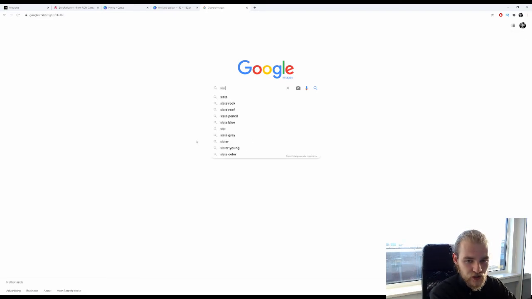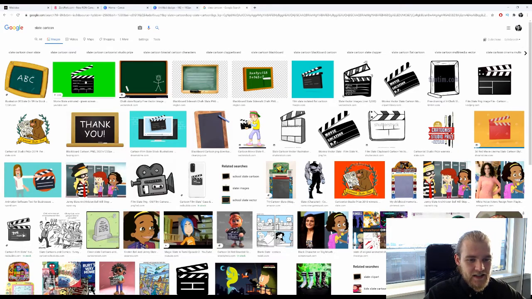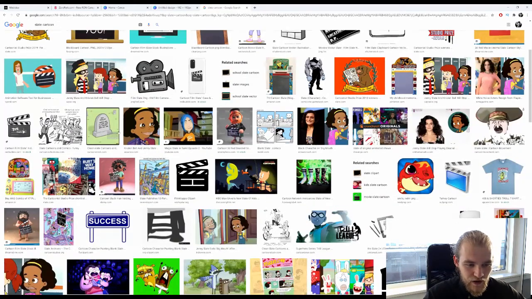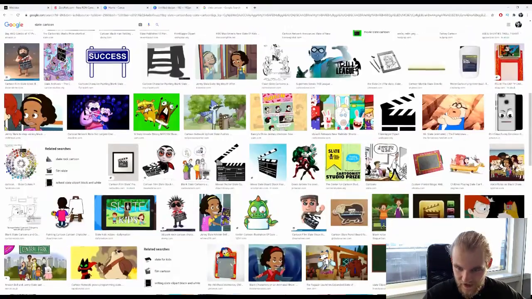So what I want to do is start with a sort of an image with a sort of icony feel. All right. So slate, cartoon. So if you don't know what a slate is, this is a slate and it's used in movies and you've probably seen it before. Maybe you didn't know the name, maybe you did. Well, in that case, good for you, awesome.